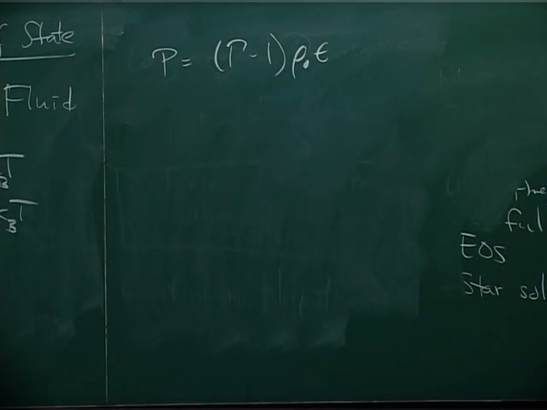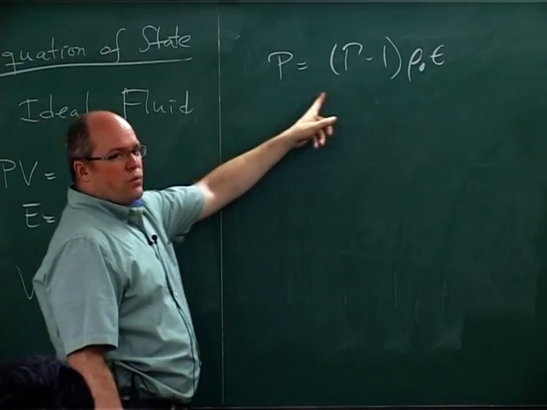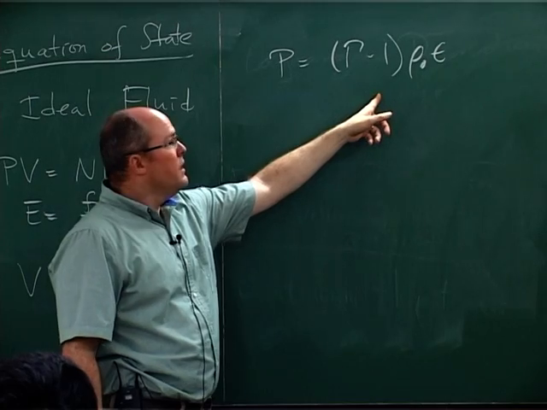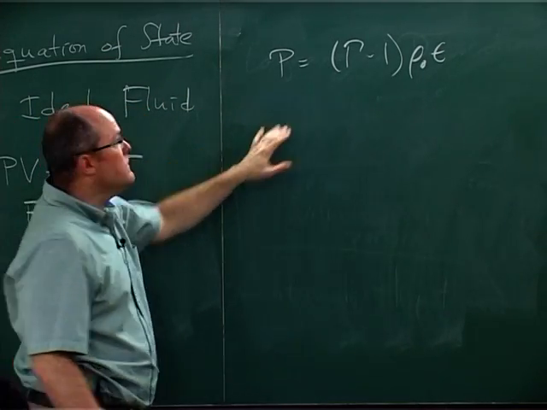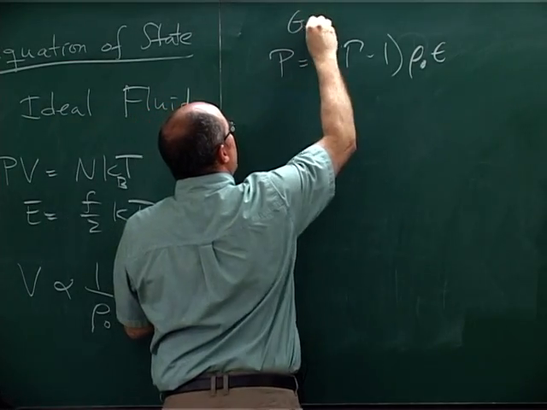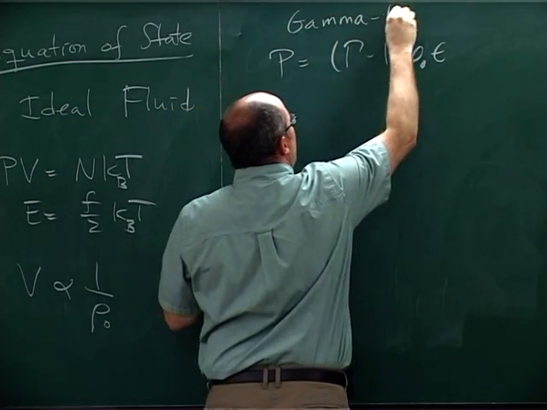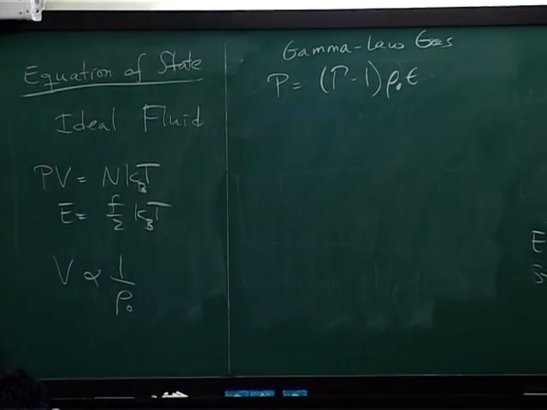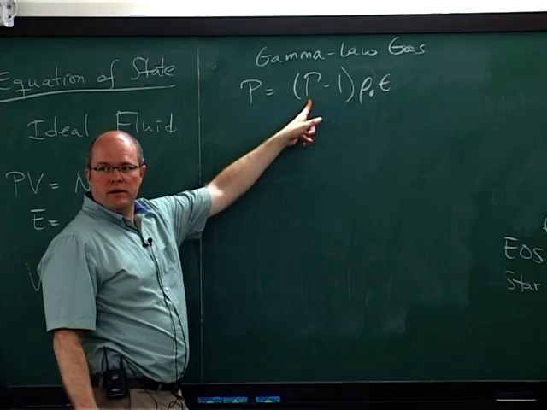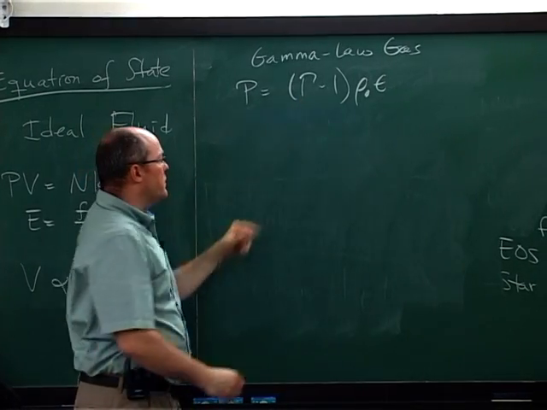If I combine these together, and I have to worry about some constant factors, I get this equation of state in this form here. So this is my ideal fluid equation of state written in a slightly different way. It's also called a gamma law gas, because this capital gamma here tells me something about the particular fluid.